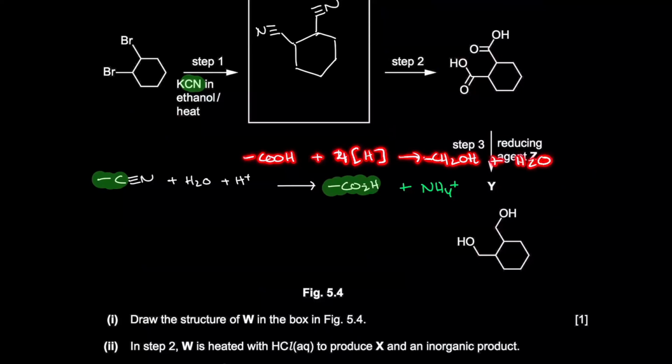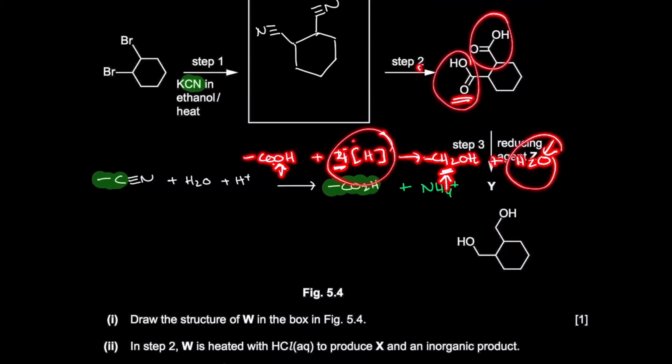So one carboxyl group needs 4 hydrogens from the reducing agent. Two hydrogens add on, increasing the number of hydrogens, and then two hydrogens take away the oxygen. So you need four hydrogens for one carboxyl group. If you have two carboxyl groups, you're going to need eight hydrogens.